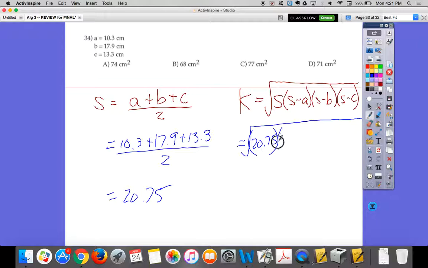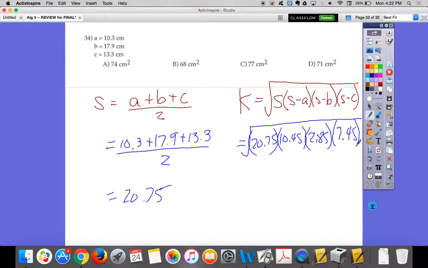And then I'm going to take 20.75 minus 10.3. So I got 10.45, okay? And then 20.75 minus, next number is 17.9. So 2.85. And then I'm going to do 20.75 minus 13.3 is 7.45.